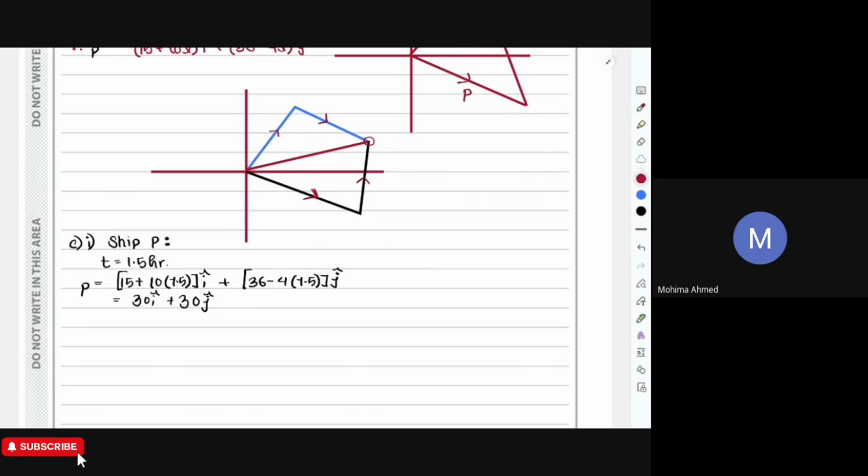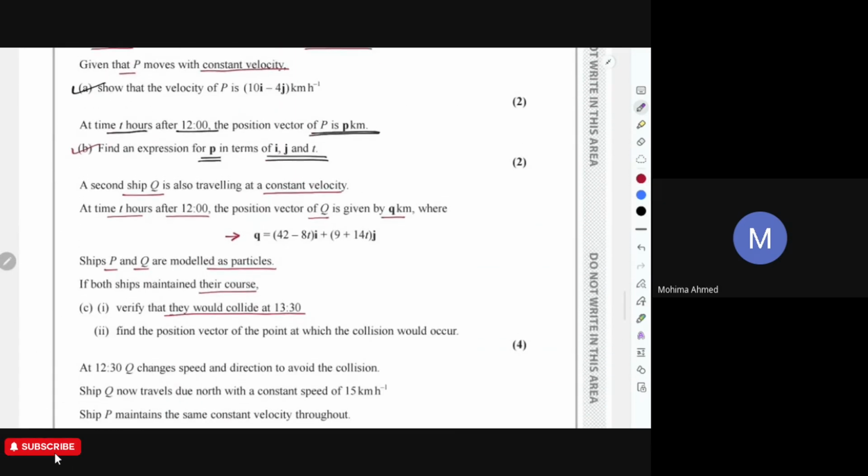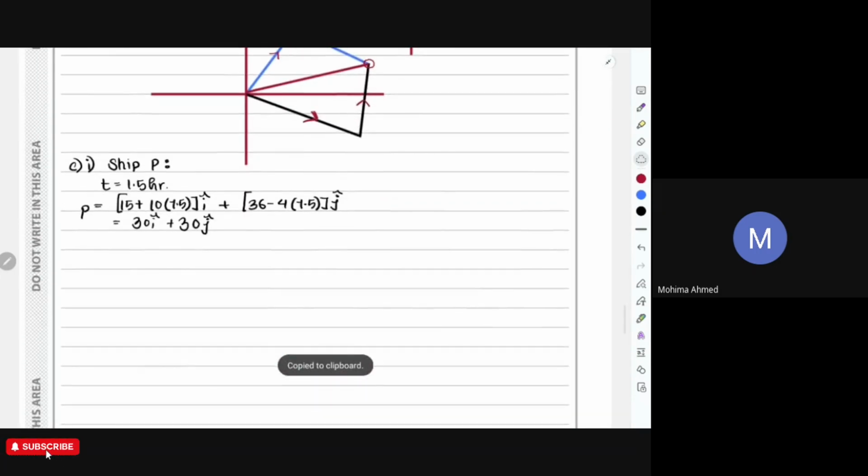And if I want to find the same type of expression for ship Q now, ship Q has a position vector formula of 42 minus 8. Time was the same for both the ships, so I just have to use this expression.